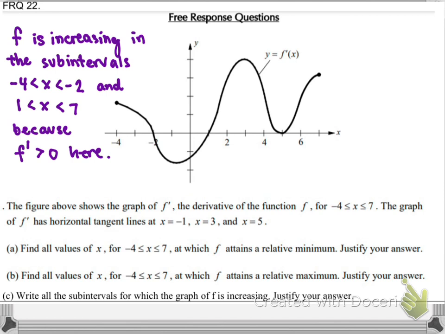Again, for points of inflection, I will identify where f prime has a max or min. And my reasoning will be f has points of inflection at x equals negative 1, 3, and 5 because f prime changes from decreasing to increasing, or vice versa. Where is f concave up?